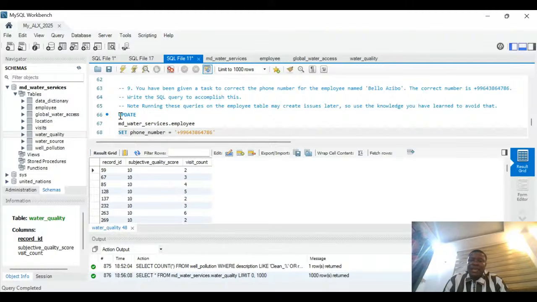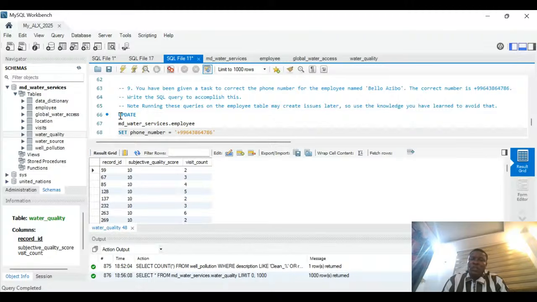Now, the advice is that when you have such a situation where you are supposed to correct something in the database, it may be possible that your initial appreciation of whether there is an error or not may be wrong.